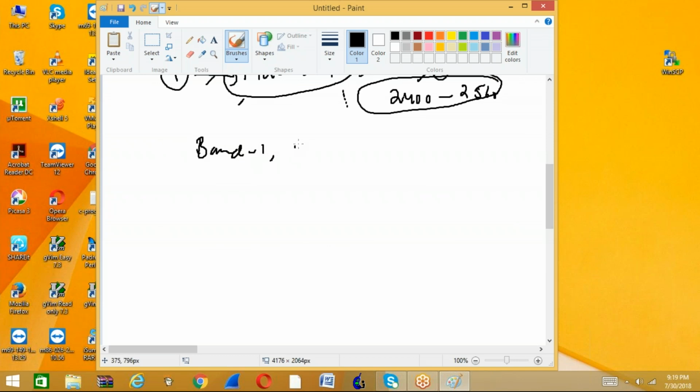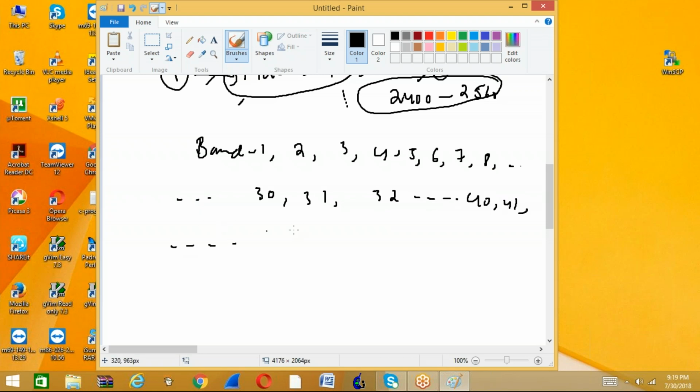In this range of 100 to 3000 megahertz, we have band number 1, 2, 3, 4, 5, 6, 7, 8, and so on, band 30, 31, 32, and so on, 40, 41, 45, 46, 47, 61, 62, up to 67. There are so many numbers given.